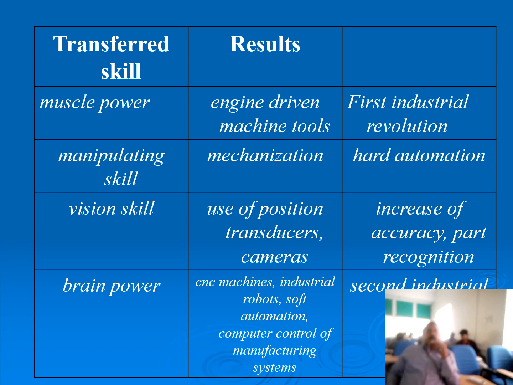To avoid this, we use position transducers and cameras. Because of these transducers and cameras, the vision is enhanced so that the accuracy of the manufactured product also increases. So the result is increased accuracy and part recognition.